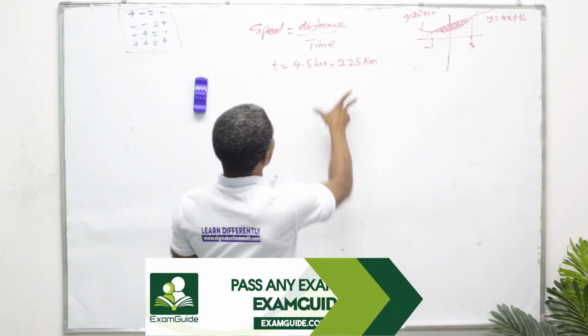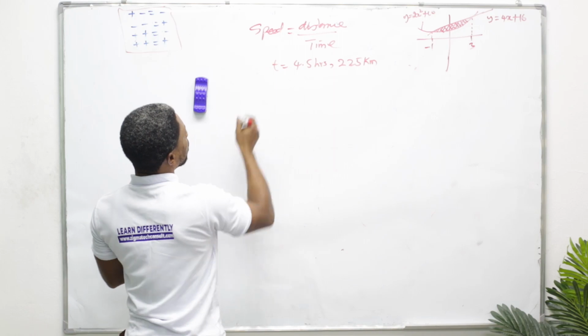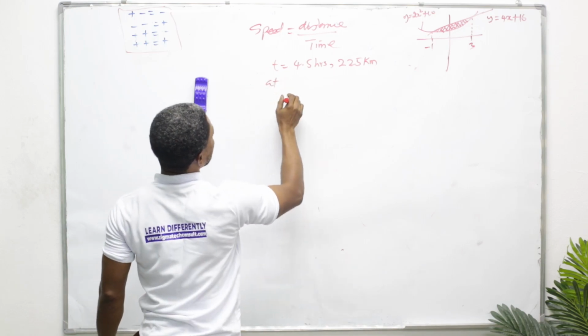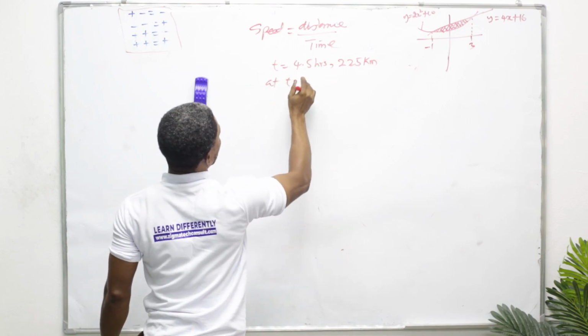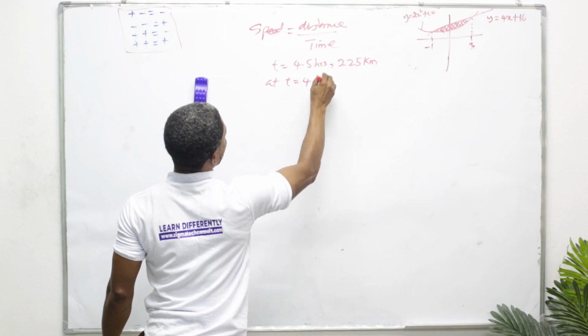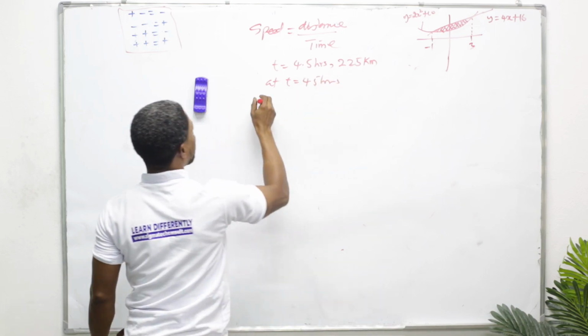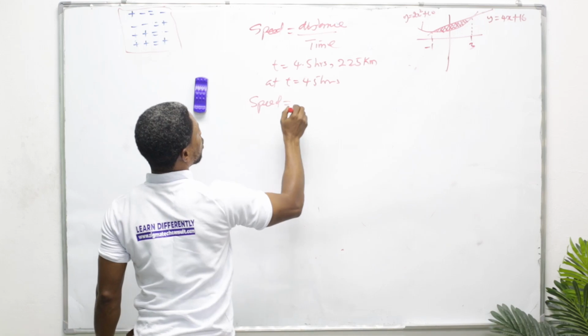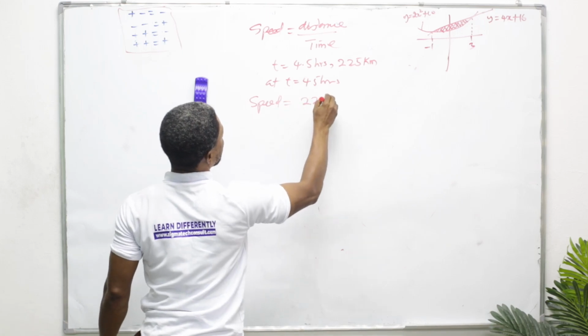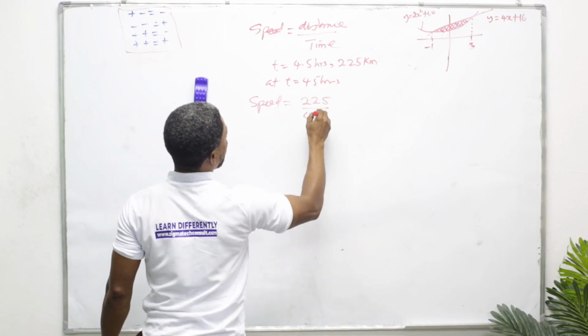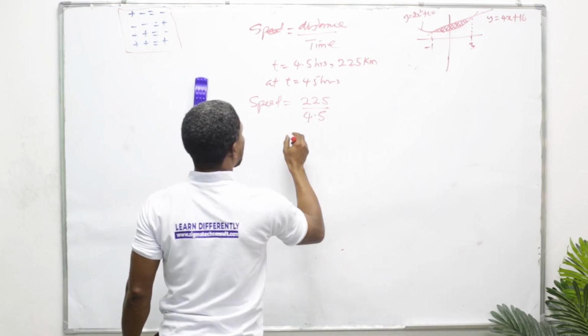Now we are going to use this to find the speed. So at t equals 4.5 hours and this distance, our speed is going to be 225 all over 4.5.